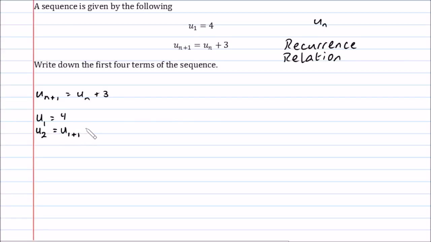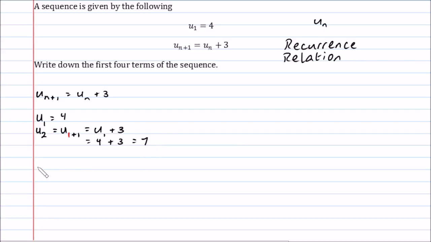In this case n is 1. So I know that u2 is simply u1 plus 3, which would be 4 plus 3, which is 7. So my second term is 7.